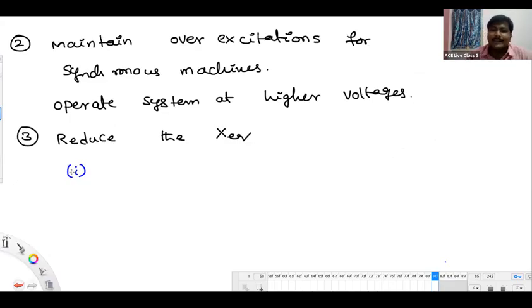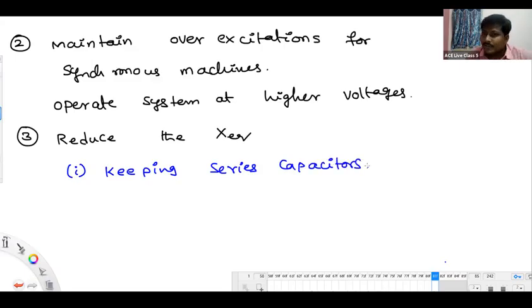One method is adding series capacitors, or sometimes called providing series compensation. Providing series compensation is nothing but adding series capacitors, right? Keeping series capacitors is one option.